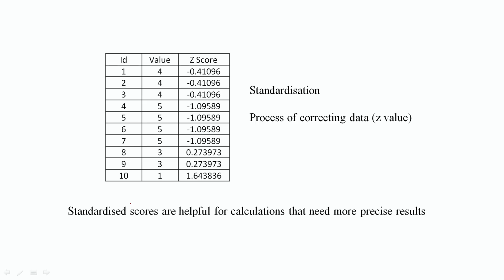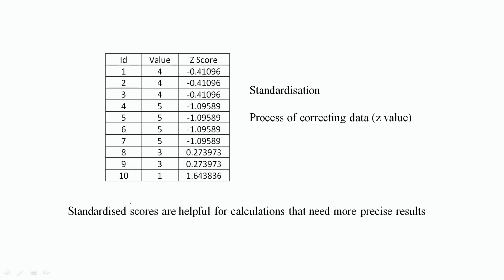To identify the Z value, we have to calculate it using a formula. Here the mean value of the whole distribution is deducted and divided by the standard deviation, and we can identify the Z value. So the process of correcting the data is what we call standardization.